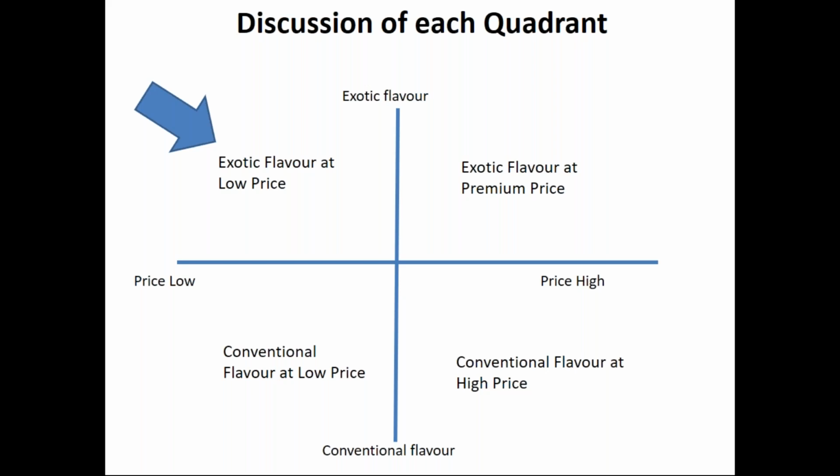You may remember when we talked about the different brands that are out there, I didn't really talk about anything that was a special or exotic kind of flavor at a discounted price. The reason is that it's not really a deliberate decision when a product ends up in this quadrant. Think about it: it's expensive to make an exotic product.